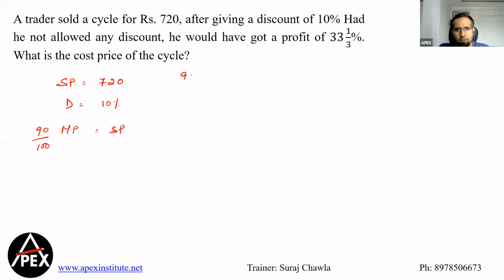So 90% of MP is equal to 720. 0 gets cancelled, 9 ones are 9, 9 eights are 72. So mark price is equal to 800. Is this point clear, guys?